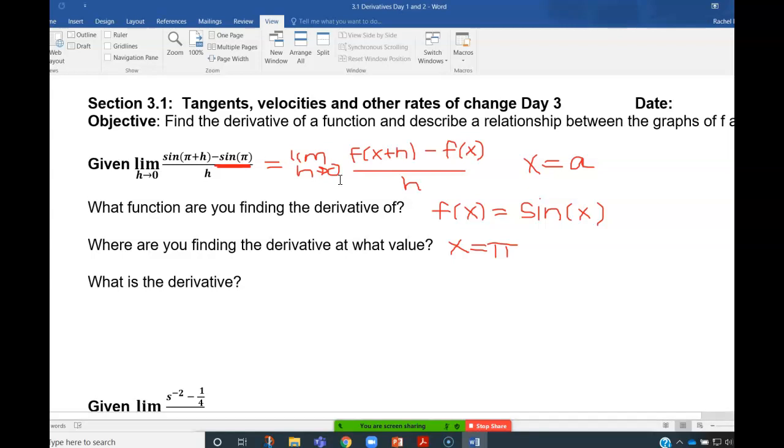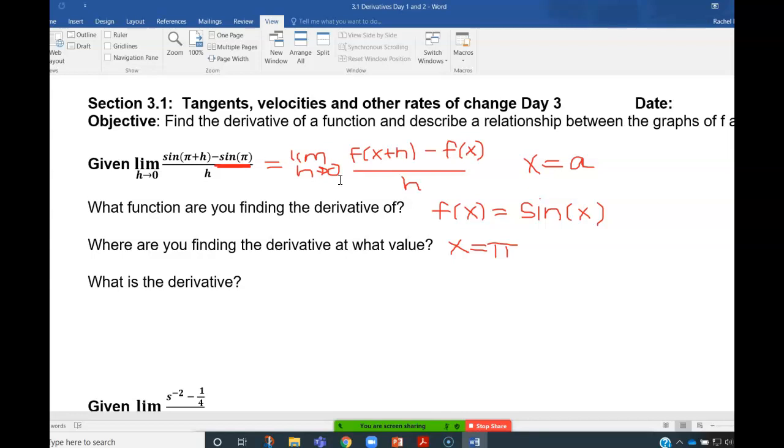And then to actually find the derivative, we have to go through and use our rules. And one of the rules we have to look at is the sine of pi plus h. So that's kind of like the sum of adding two trig functions together.